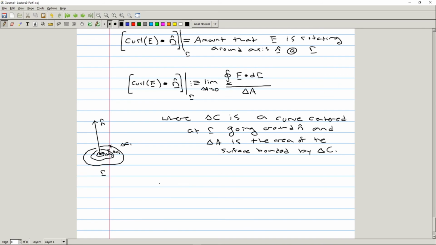So this is perhaps a better definition for curl. And not only that, but it's exactly equivalent to the previous definition.